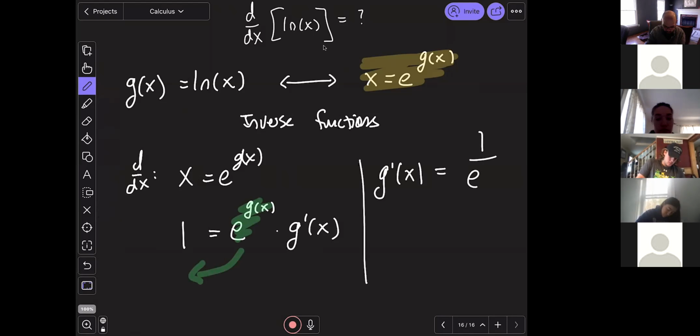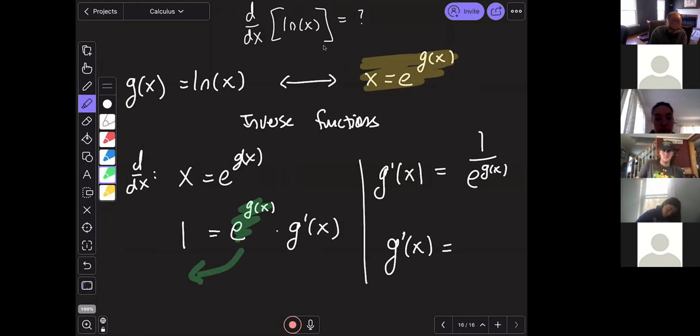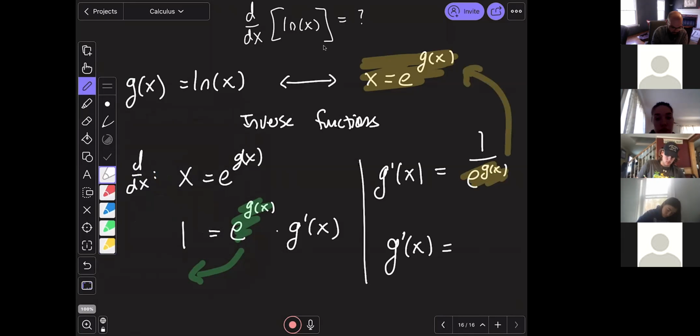And then one final step here, we have this in yellow, right? Recognizing e to the g of x, that's the same as x. So g prime of x is equal to 1 over x.